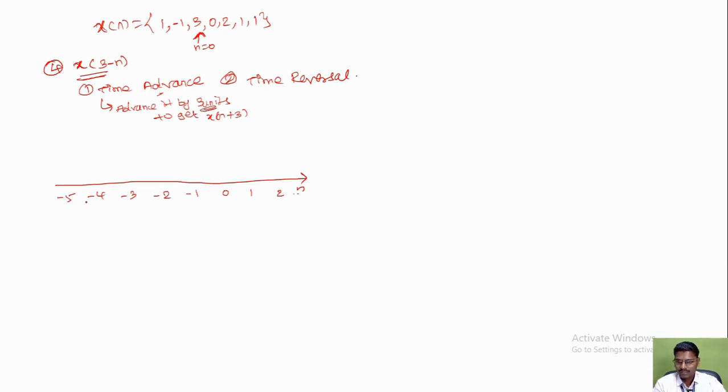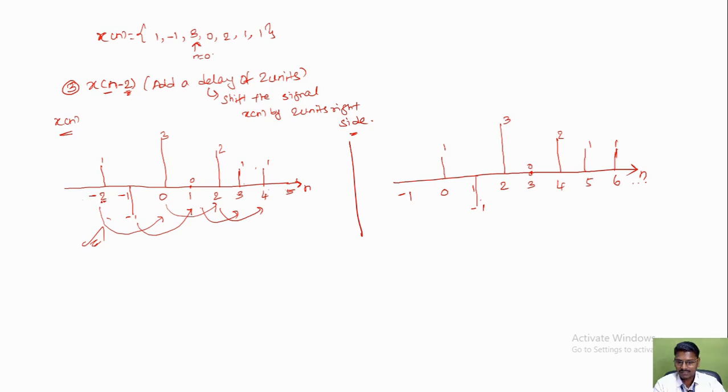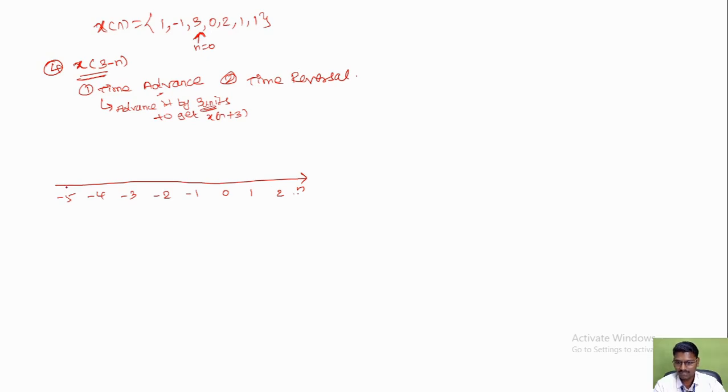My x of n is starting from minus 2. If I advance it by 3 positions, it will start from the minus 5th sample. So minus 5 gets 1, the minus 4th sample gets minus 1, minus 3 gets 3, minus 2 gets 0, and minus 1 gets 2, and for 0 and 1 it will be 1, right?